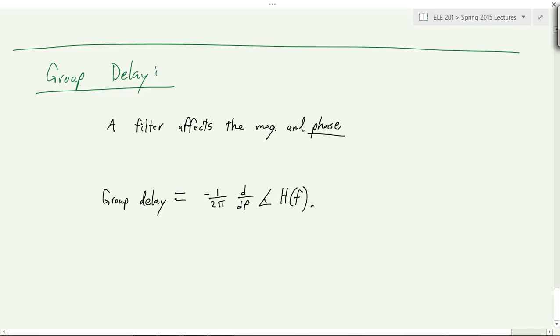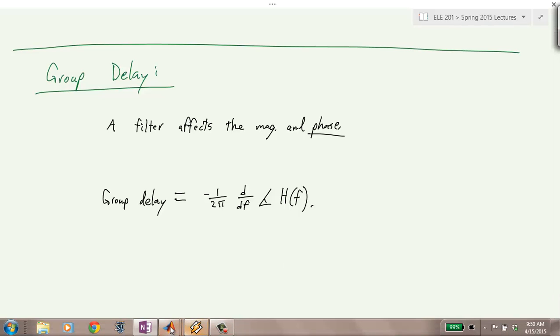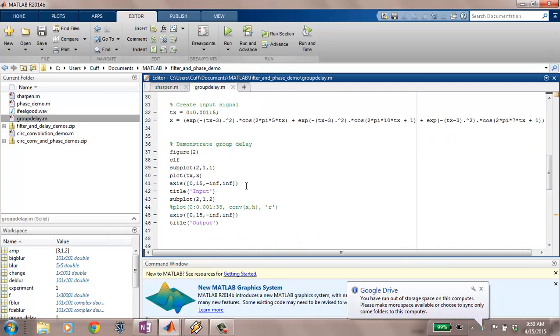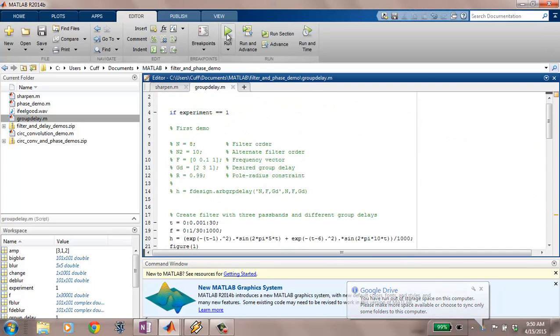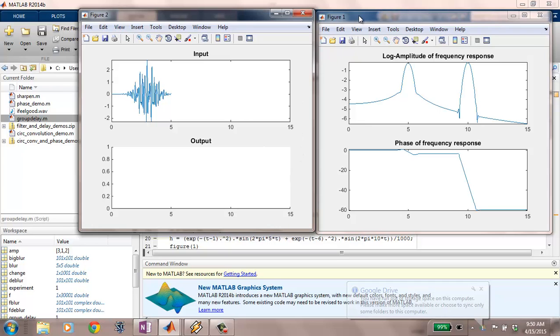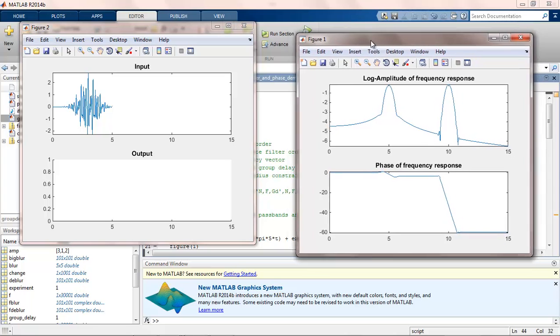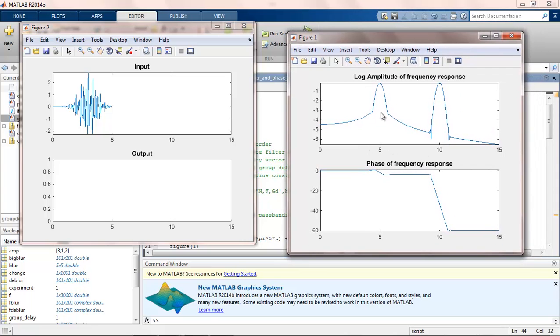I have an example here in MATLAB to kind of solidify this. So let's say I have a filter here. Figure 1 shows I've actually designed a filter that has this frequency response. I've plotted the magnitude of the frequency response only for positive frequencies.